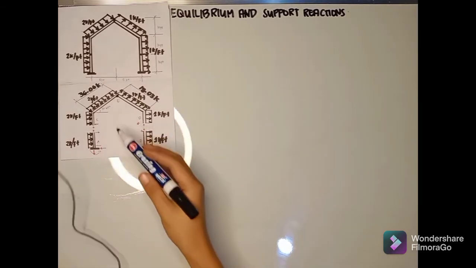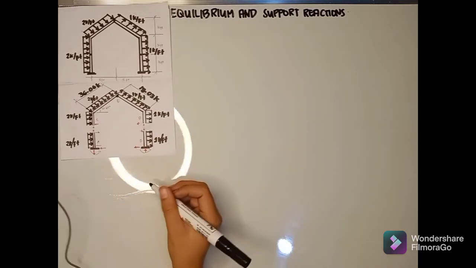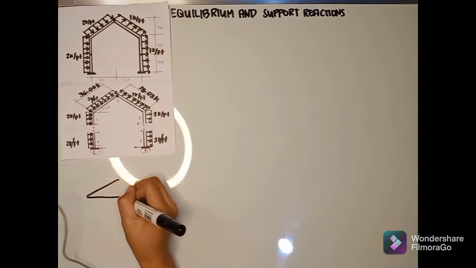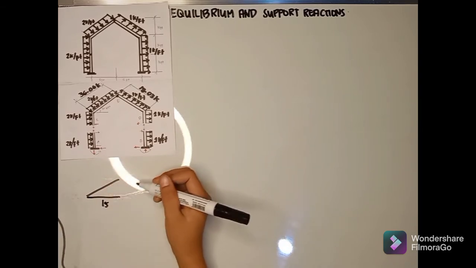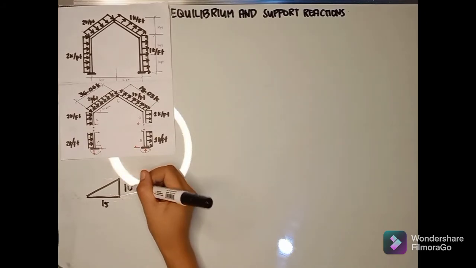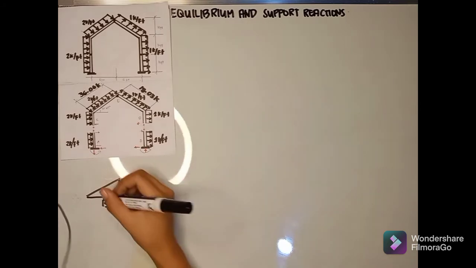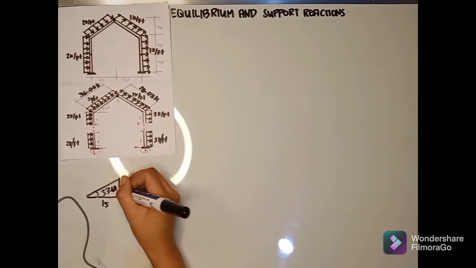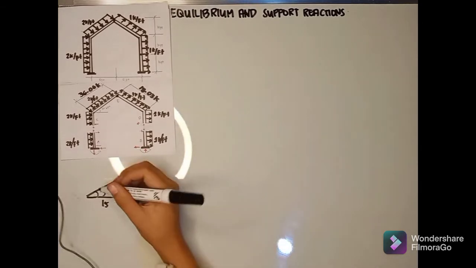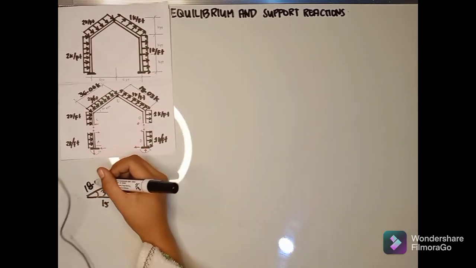We have diagonal forces here, so let's find out the angle first. If this is 15 and this is 10, therefore the angle is 33.69 degrees, and the length of the hypotenuse is 18.03.